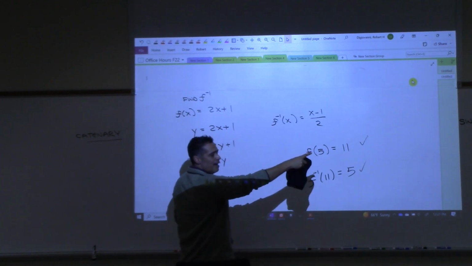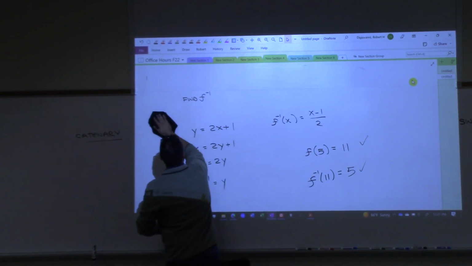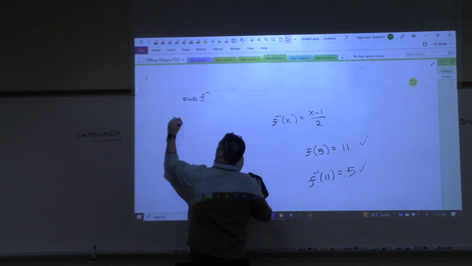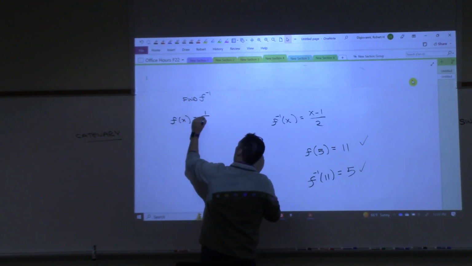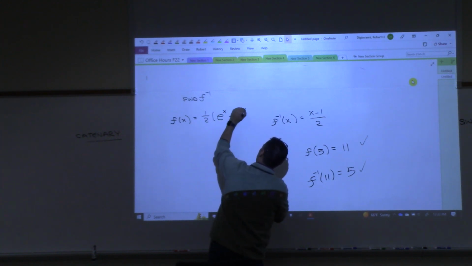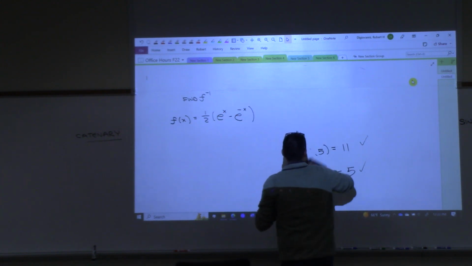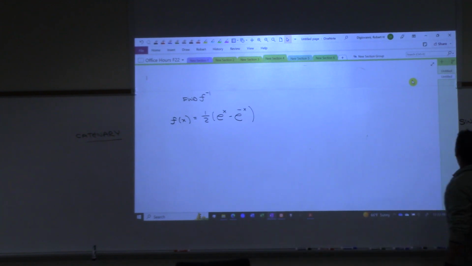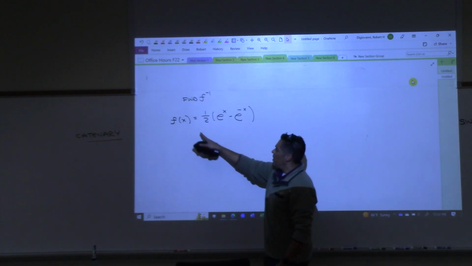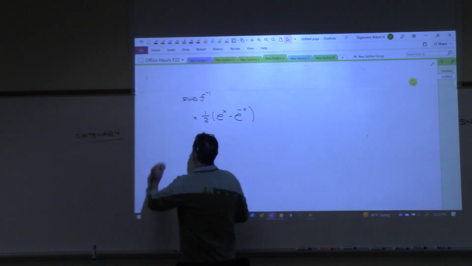I'd like to do that on that. So let's start out with the function itself. The function we're working with here is 1/2 (e^x minus e^(-x)), right? That's the original function. That's the hyperbolic sine function. I'm going to try and find its inverse. So first, I'll replace the f of x with y.